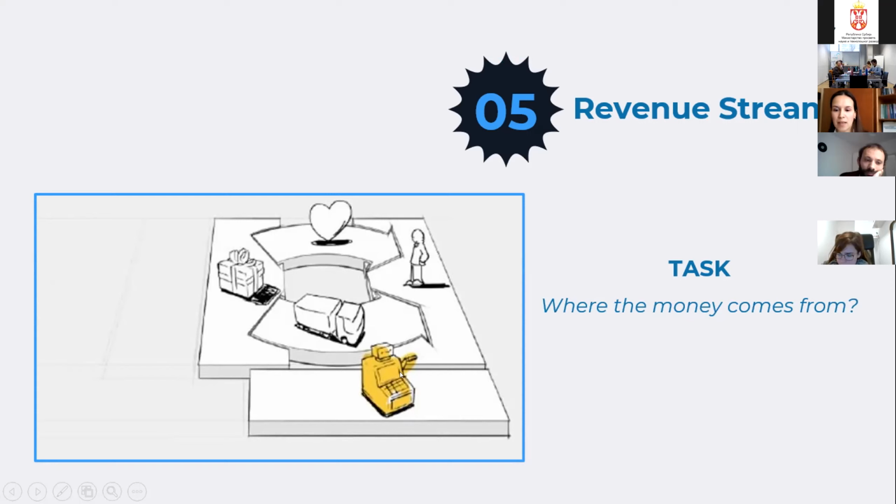But now we have one more block of the business model canvas, which is on the right side of the business model canvas, and that's the revenue streams. Here we must show where the money comes from.